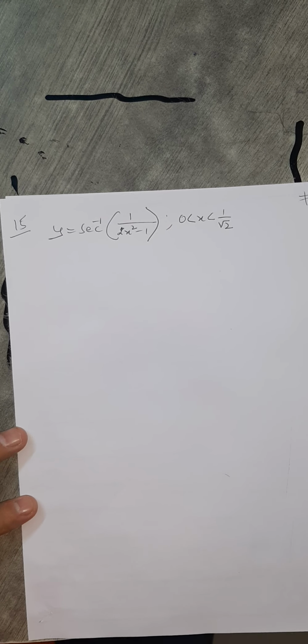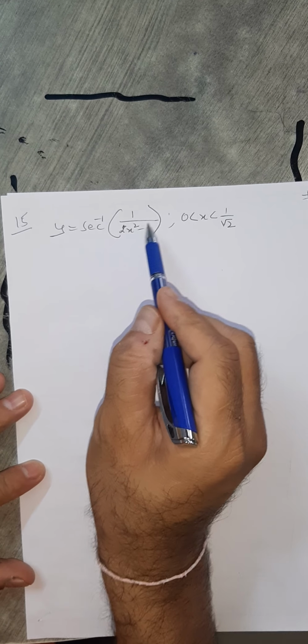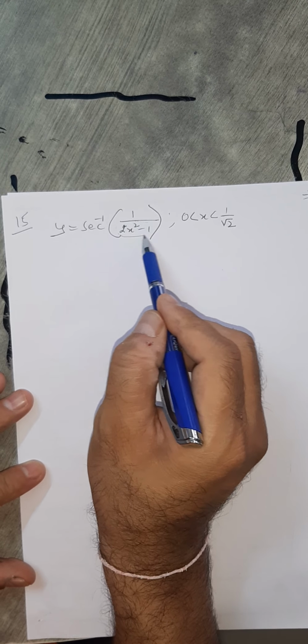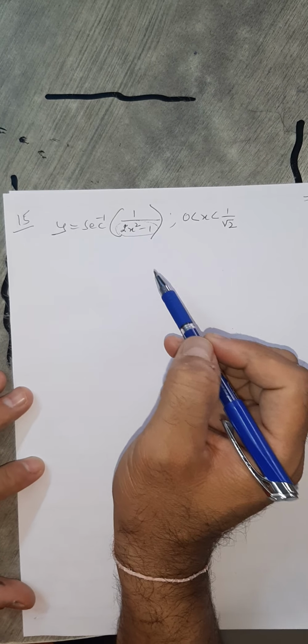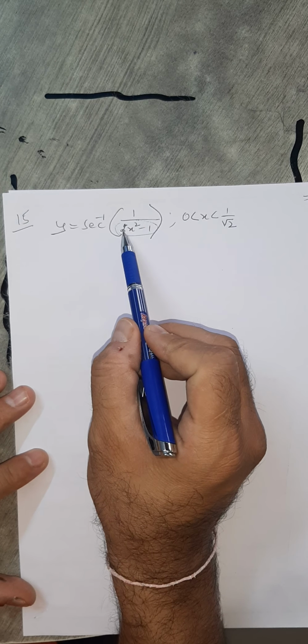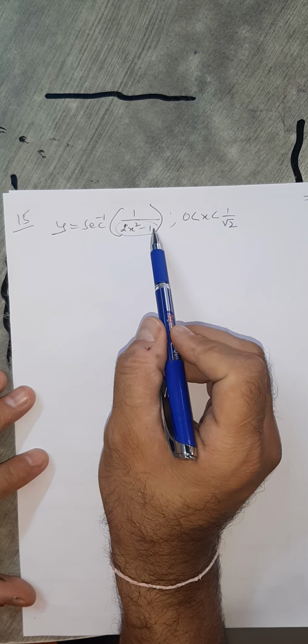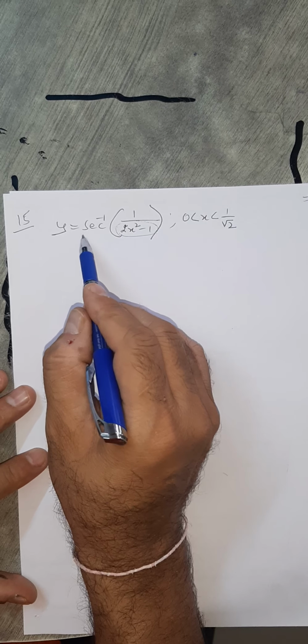Last question number 15 here. If you remember, this looks like a known expression. You had, if you recall, 3 formulas for cos function. 2 cos square minus 1, 1 minus 2 sine square, and cos square minus sine square.